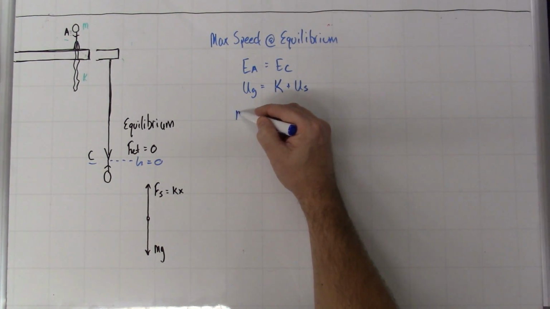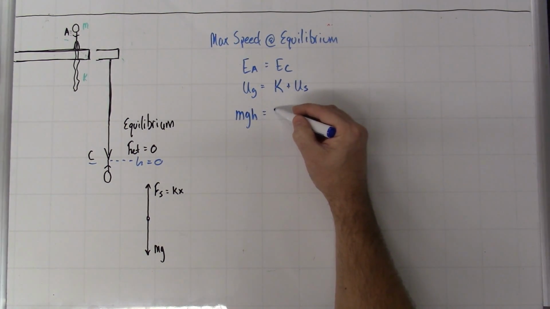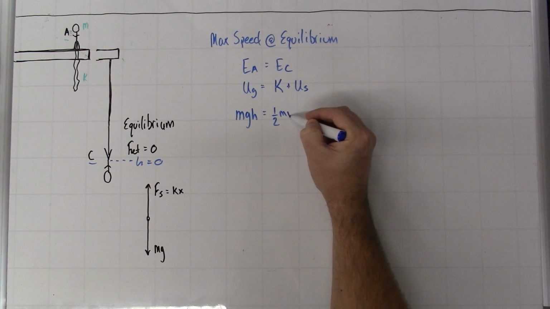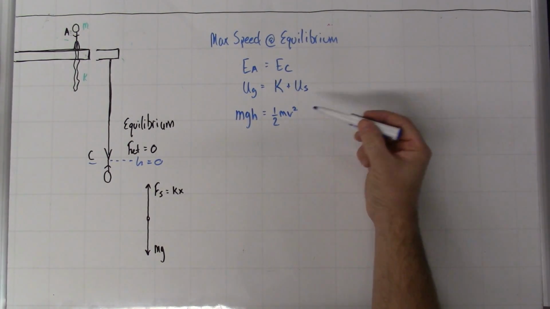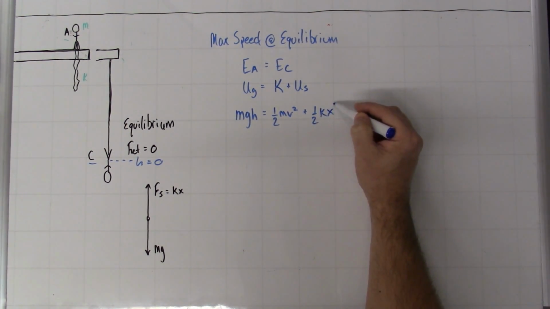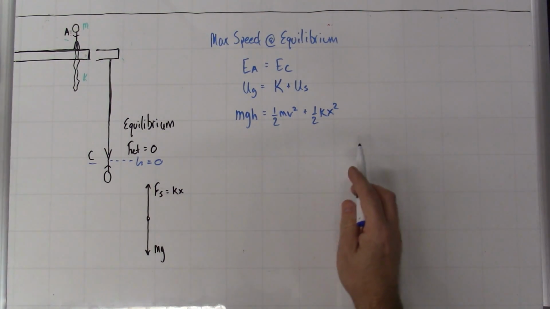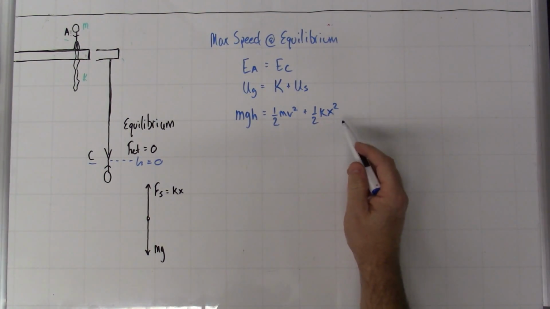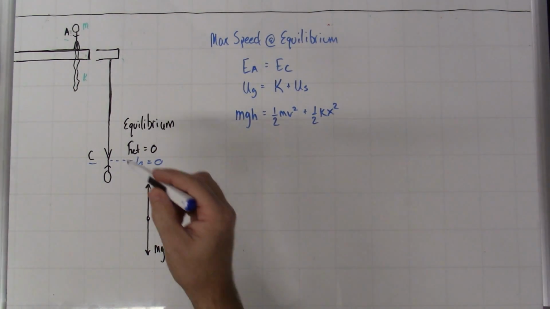So once we go, and then we're going to plug and chug this, so mgh is equal to kinetic energy, which is 1/2 mv squared, which is good because we're looking for the max speed. That's going to be my v here, plus 1/2 kx squared, that's the stretch. So one of the things about this problem is, can we figure out what the h and x and L relationship is here?